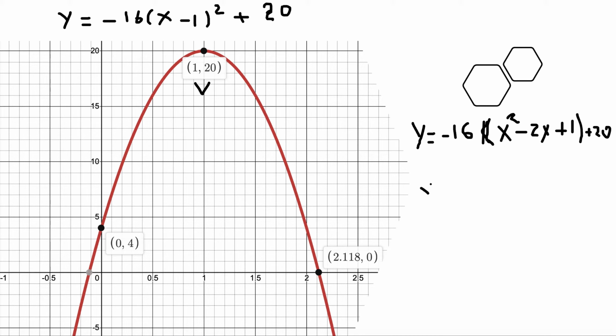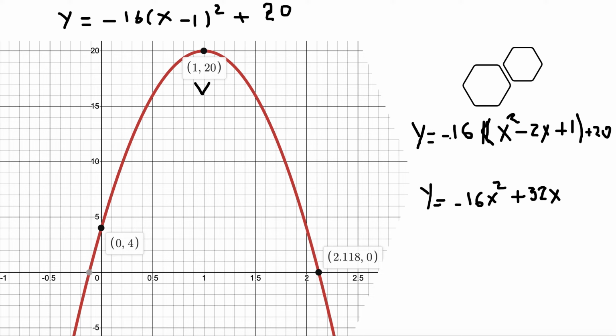And y is equal, so now what we have here: minus 16 times x squared is minus 16x squared. So this is the first term. Second term, minus 16 times minus 2x, negative times negative is positive, and 16 times 2 is 32x.